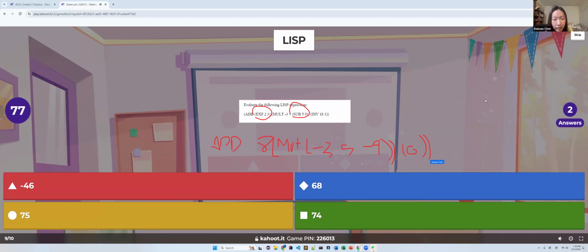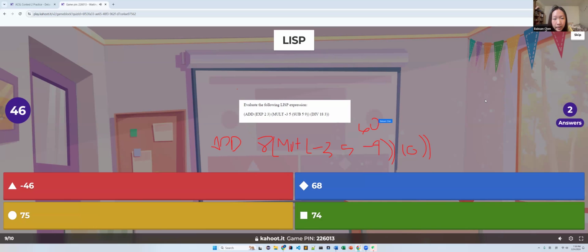Okay, and then we're multiplying -3, 5, and -4, sorry, because again, multiply can have more than 2 inputs. So this one will turn into 60.